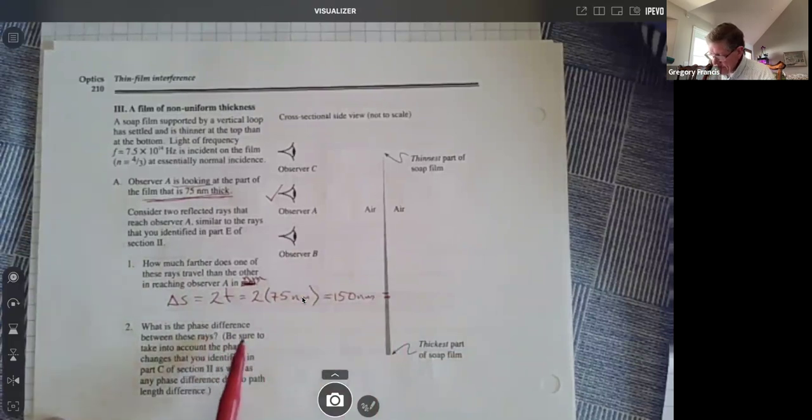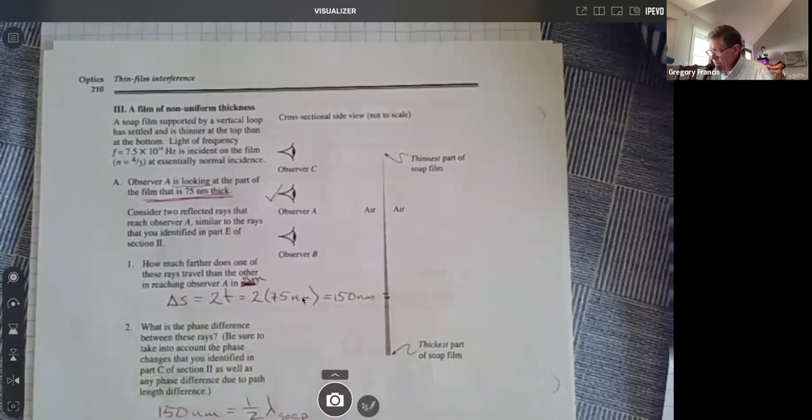What is the phase difference between these rays? Be sure to take into account the changes that you identified in part C of section 2, as well as any phase difference due to the path length difference. Well, 150 nanometers is equal to 1/2 the wavelength in soap.